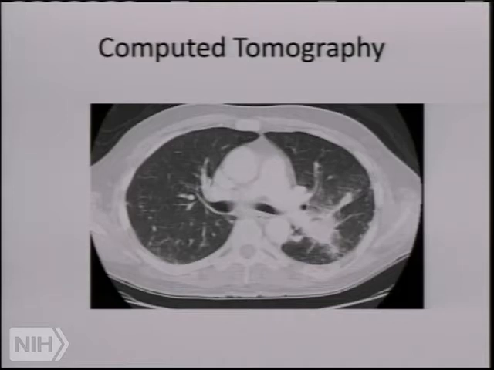Let's start with CT, computed tomography, which is the workhorse technique for the radiology department. In the radiology department of NIH, over 100 of these patients are done each day during an average clinic.